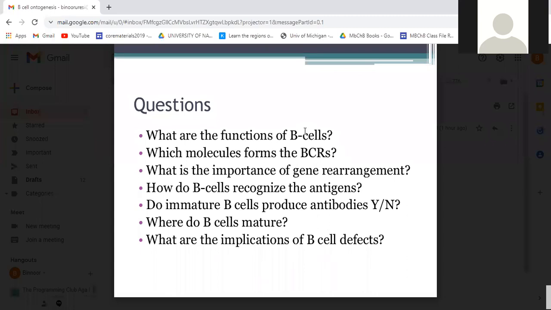Now, what happens in the native form? Sometimes there is co-expression of immunoglobulin D with this B cell. So you can have the immunoglobulin M as well as immunoglobulin D. So that is in its native form.